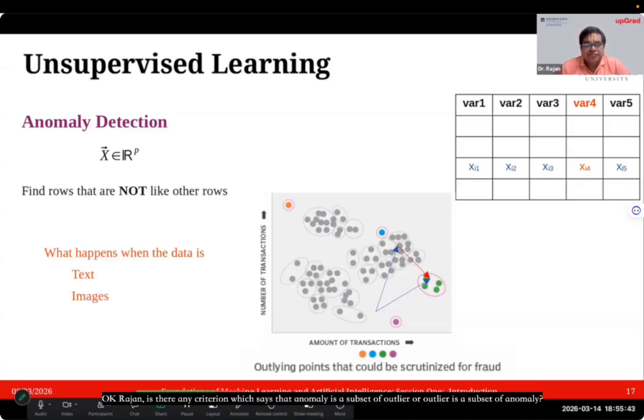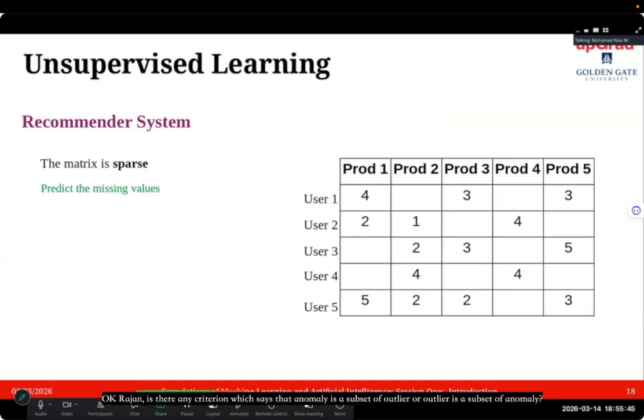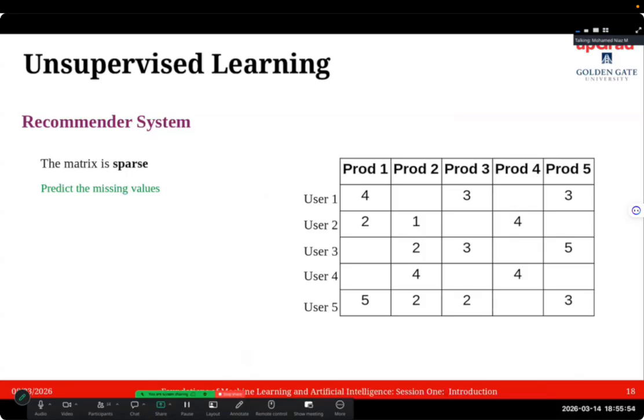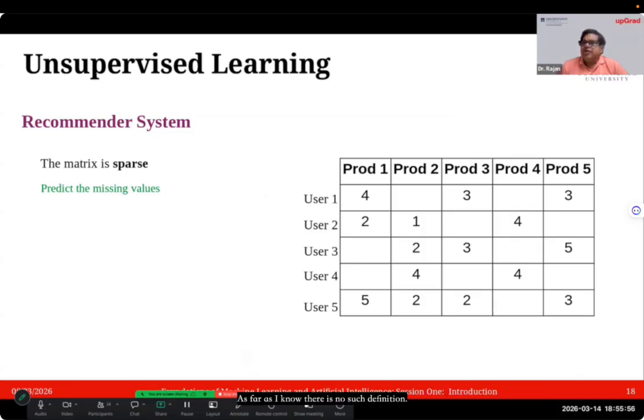Rajan, yes. Is there any criterion which says that anomaly is a subset of outlier or outlier is a subset of anomaly? As far as I know, there is no such definition. It could depend upon the problem at hand.